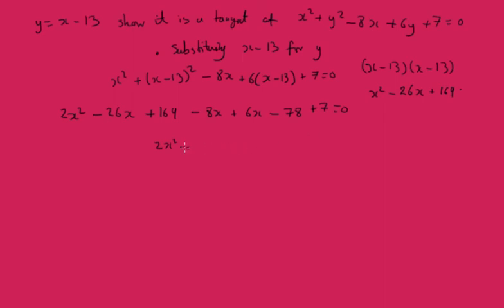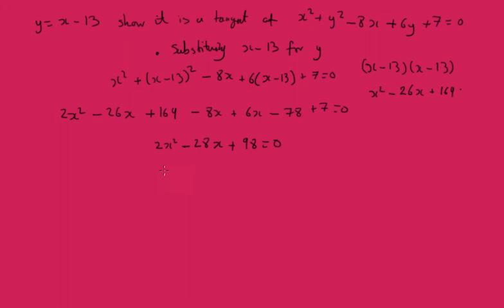So that's going to give us minus 28x, and then for our final term 169 plus 7 minus 78 is going to be plus 98 equals 0.